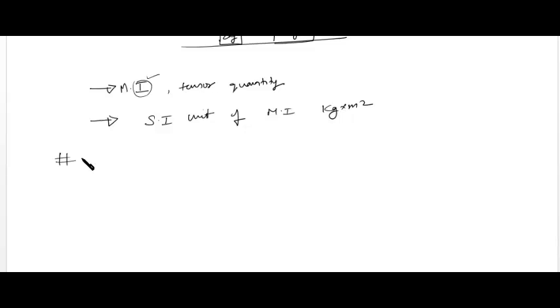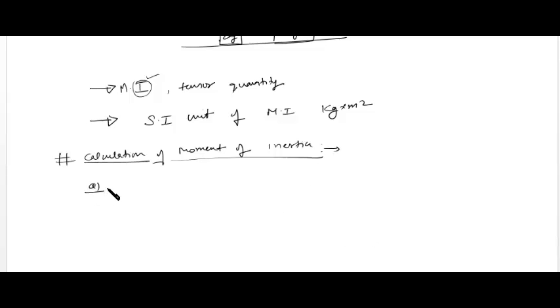So let's start one more topic, calculation of moment of inertia. As far as moment of inertia is concerned, we have divided all the systems into two categories. First is discrete mass systems.